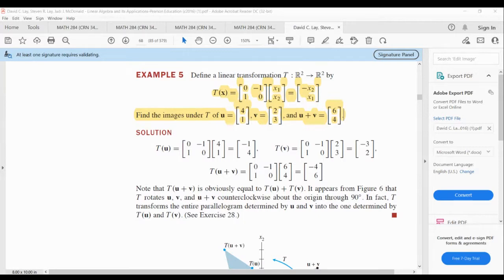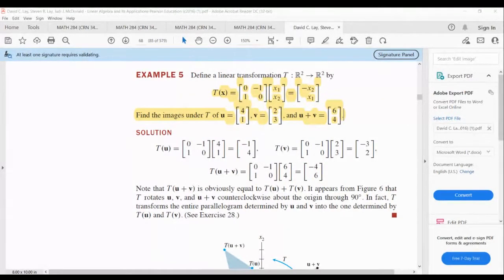So look at what they did below. They found that the transformation of the vector u is -1, 4. The transformation of the vector v in the solution is -3, 2. And the transformation of the vector u plus v is -4, 6.